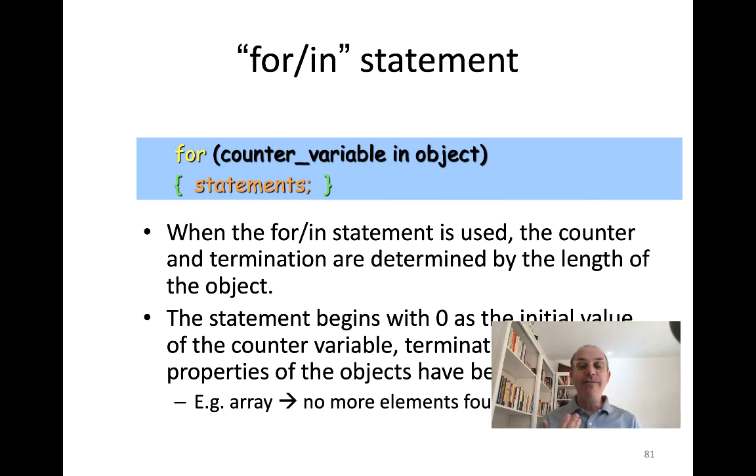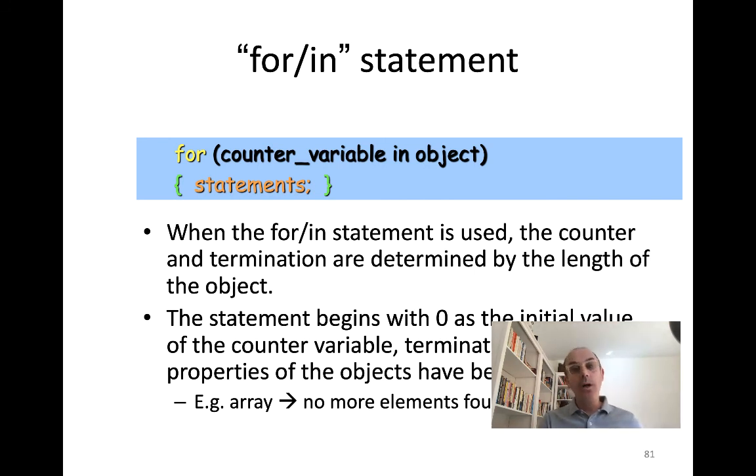For the for in statement, we can determine the length of the object. The statement begins with 0 as an initial value, and we can continue until it has been executed. For example, with a password or username, until he applies the correct username, then it will be executed.